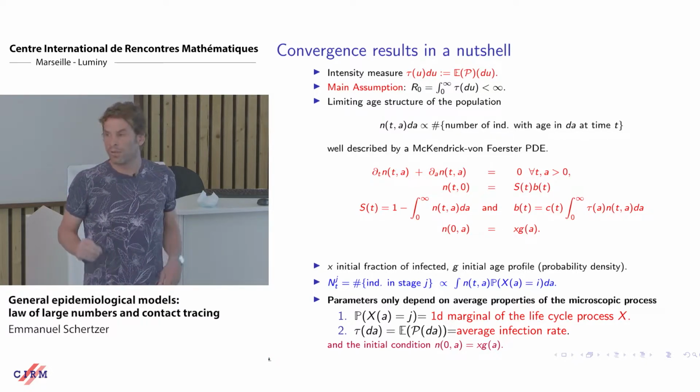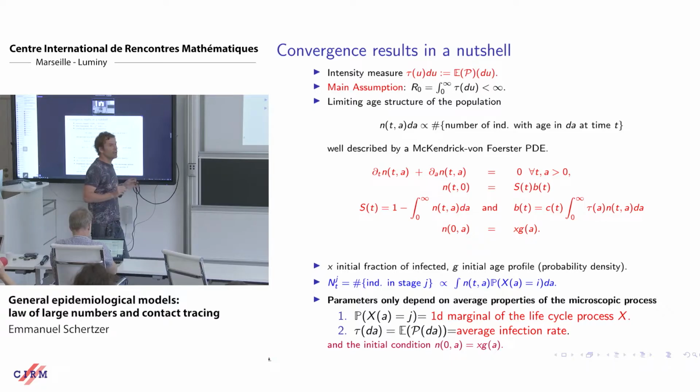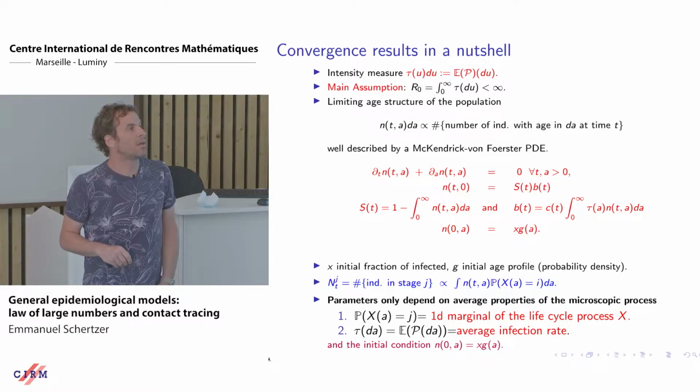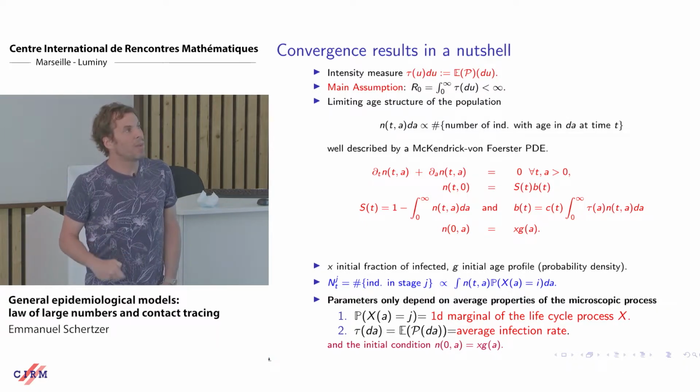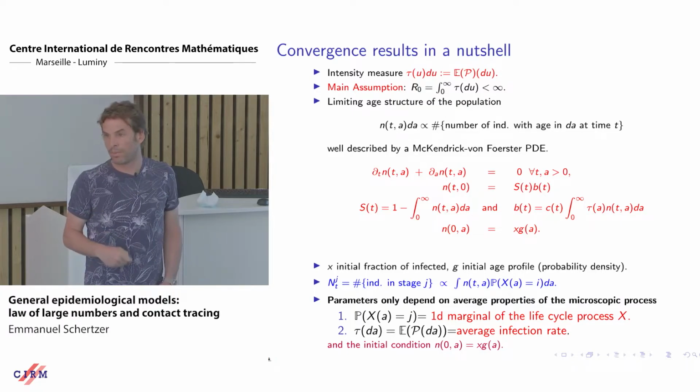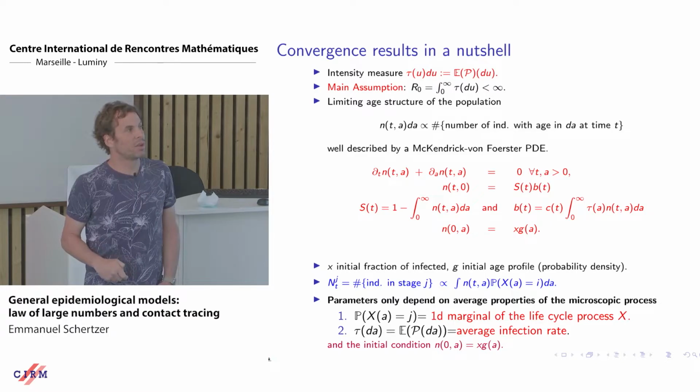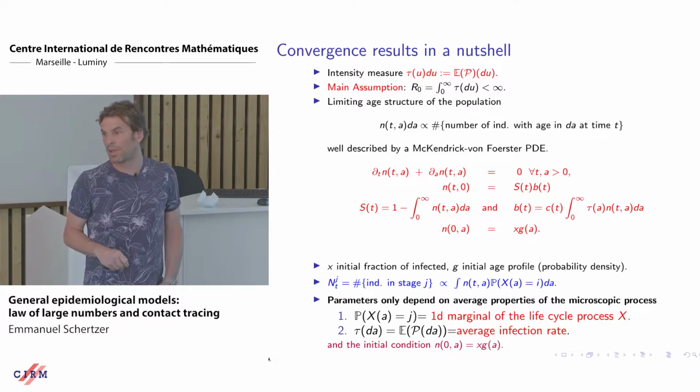In other words, even if you start with a rather complicated model at the microscopic level, with a lot of correlation between the infection measure and the life cycle process, at the end of the day what remains at the limit is the age structure, which is just a one-dimensional partial differential equation. Once you have it, you just decorate it with the one-dimensional marginal of your life cycle process.